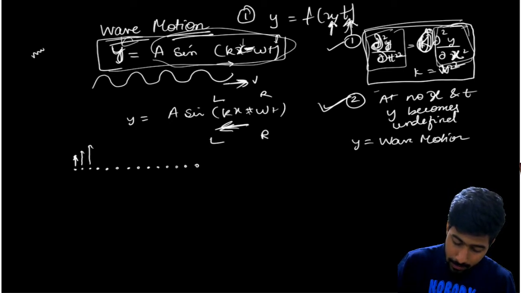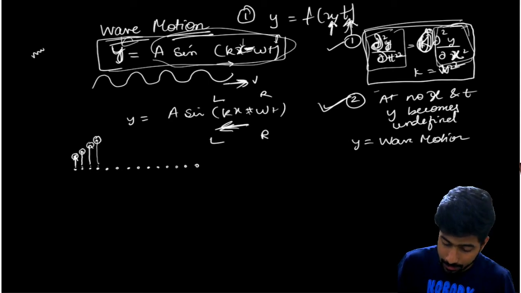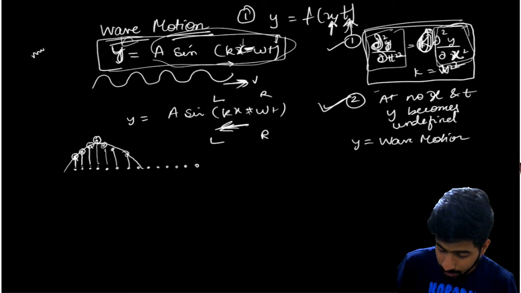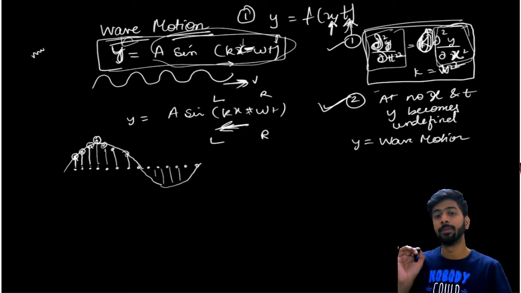This particle is somewhere here, and this one is somewhere here, and then it keeps coming down, right? That's how it takes this shape. This is what a sinusoidal wave is.